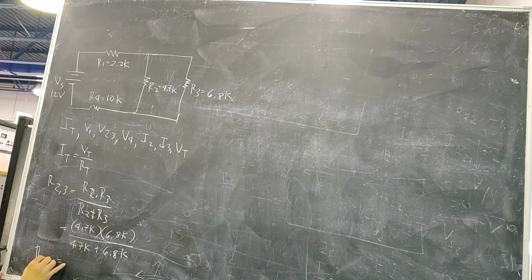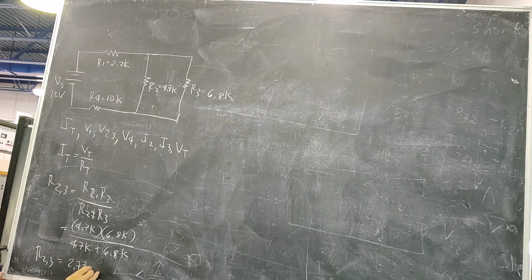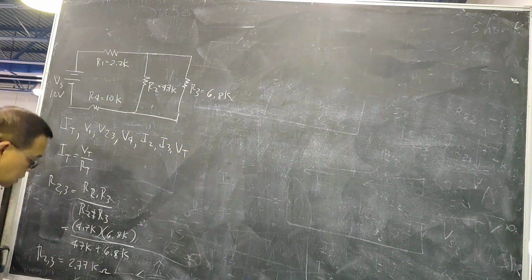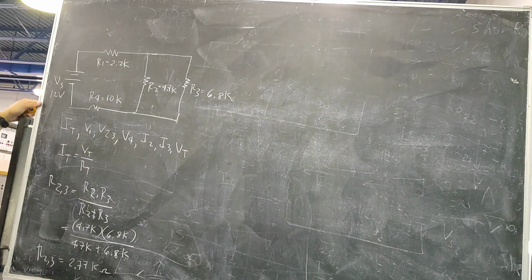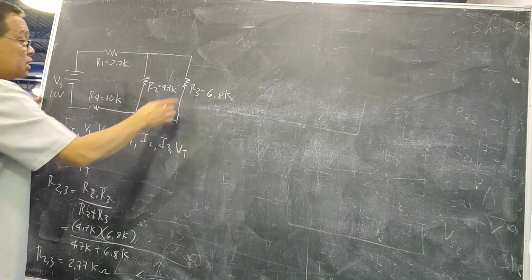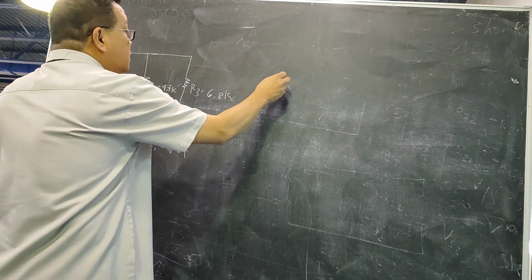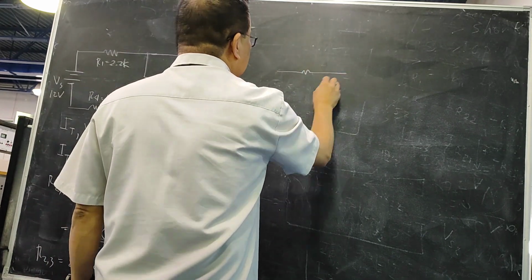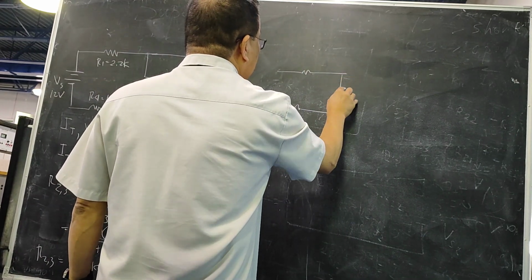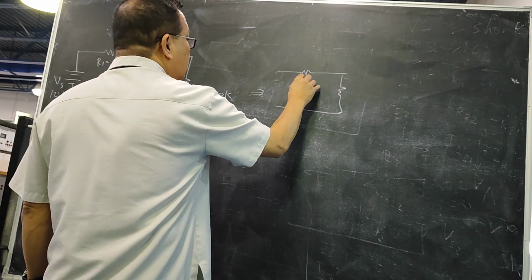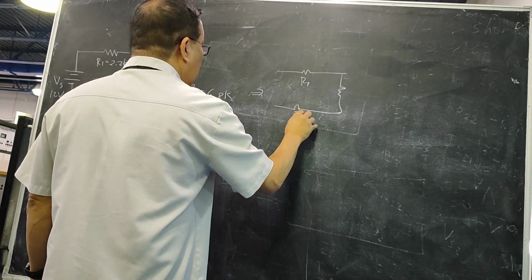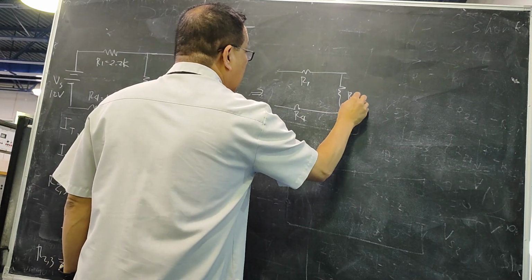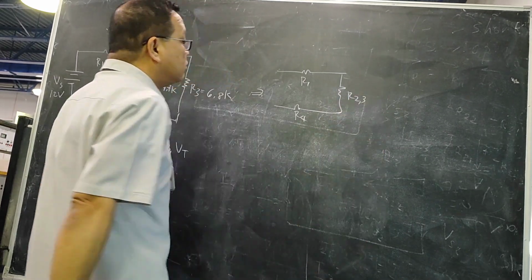R23 is 2.77, ohms or kilo? Kilo ohms. So it means that the circuit now becomes series. The circuit now becomes like this: we have R1, R4, and R23.